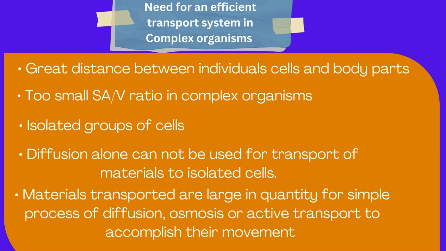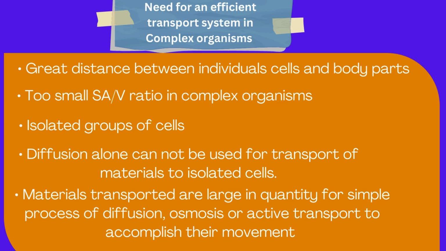Hence, substances have to move over great distances before they can get to them. Therefore, diffusion alone cannot achieve this transport of materials between cells. Number 2, as explained earlier, the surface area to volume ratio in complex multicellular organisms is too small for diffusion alone to achieve transport.